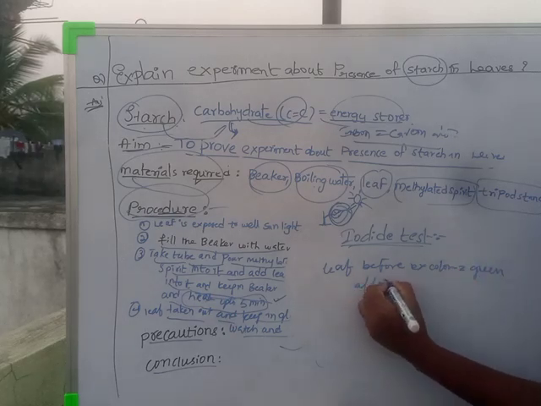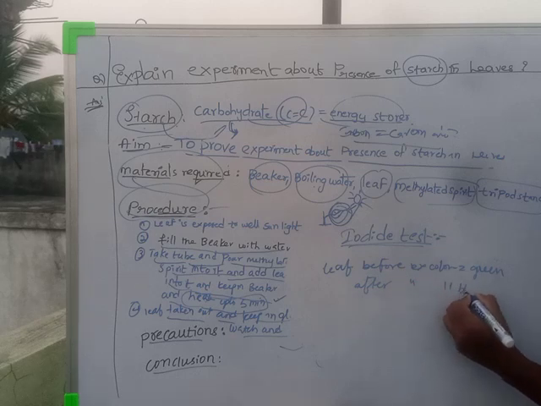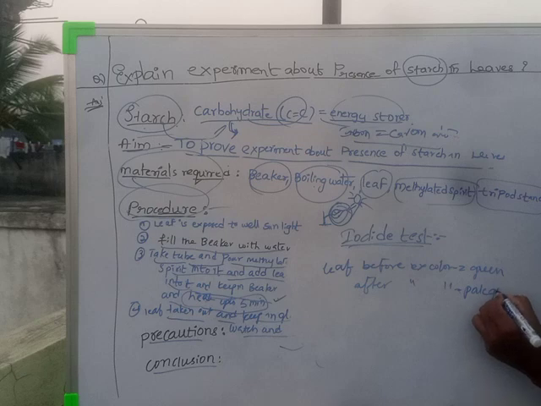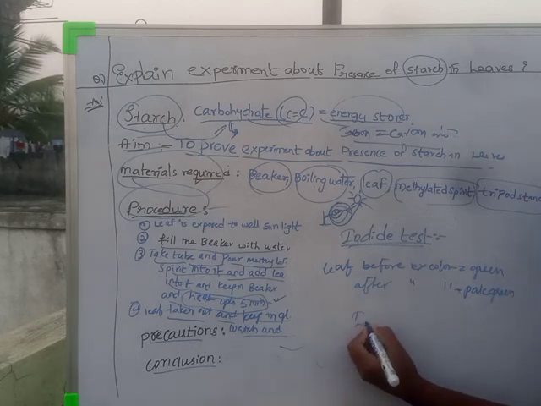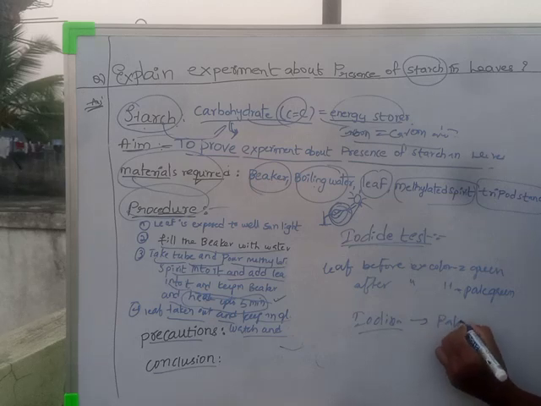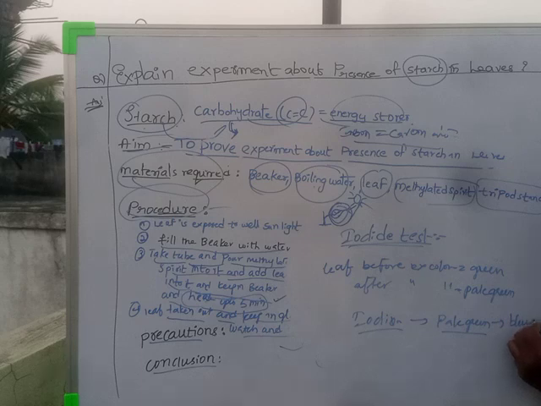The leaf after the experiment should be pale green color. In the iodine test, what we can observe is that the pale color will change into bluish green.